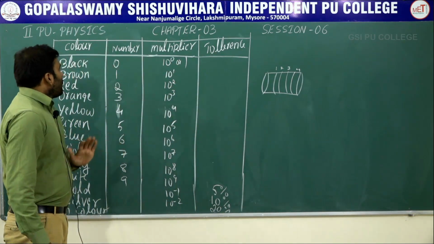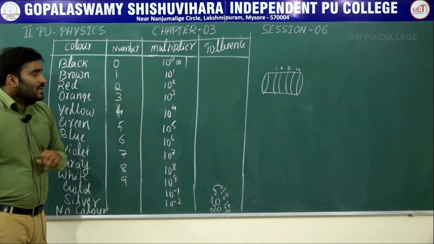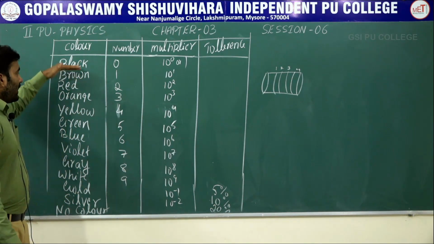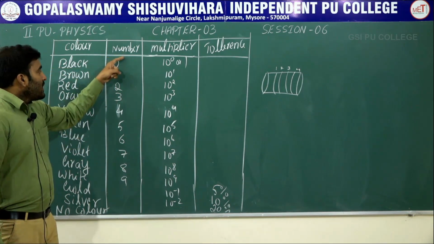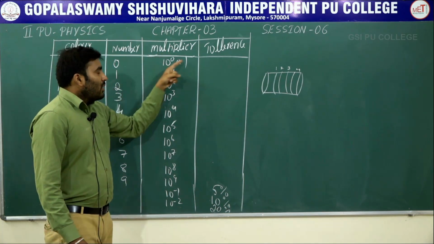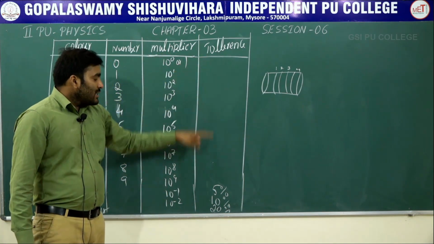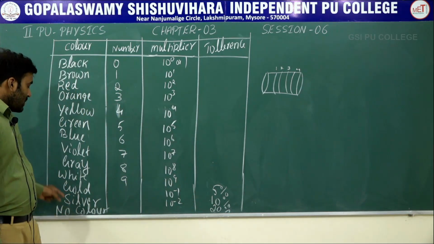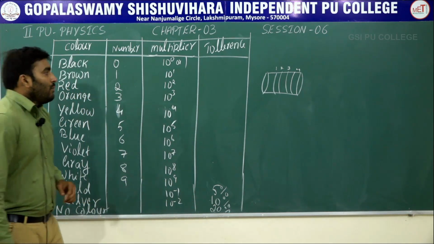So here the order of colors should be written as it is. We know how to remember the order of colors, and the numbers are given from 0 to 9 up to white. The multiplier is 10 power of these numbers, and tolerance is given as 5%, 10% and 20% for these three respective colors: gold, silver and no color.